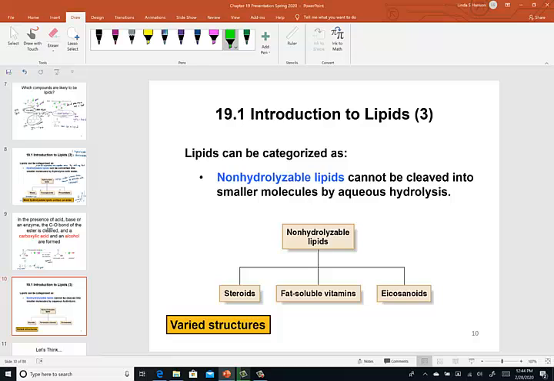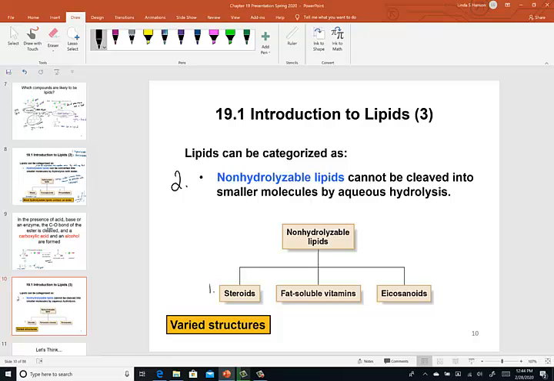Now, lipids can also be classified as non-hydrolyzable, the second category. Lipids can be hydrolyzable or non-hydrolyzable, which means adding water does not break down that molecule into simpler pieces. There are 3 non-hydrolyzable lipids.